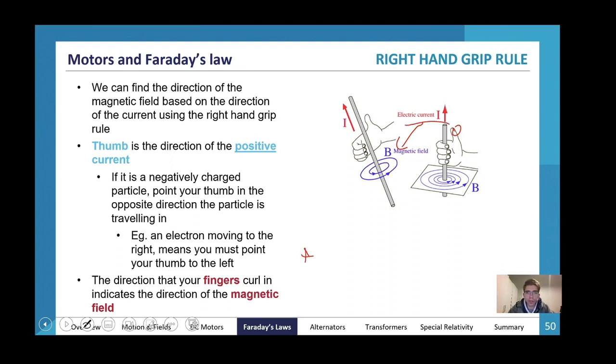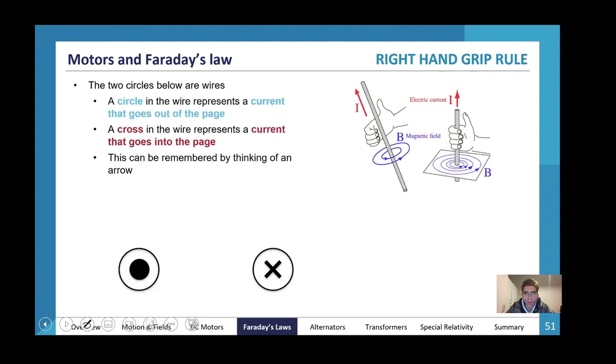That is current that flows from a positive terminal to a negative terminal, right? Whereas real current is current that flows from a negative terminal to a positive terminal. But we work with conventional current, right? In this case, our thumb points in the direction of the current and our fingers wrap around the wire. That's the first right-hand rule.